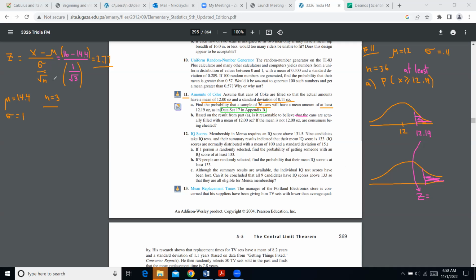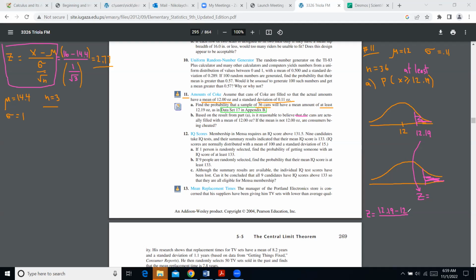So looks like we're now going to use the formula that I just utilized for the previous example. To find the z-square, I need to divide the difference of x, which is 12.19, and the mean for the population, mu, which is 12.